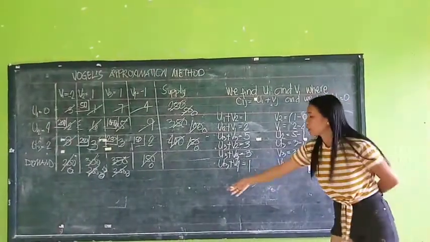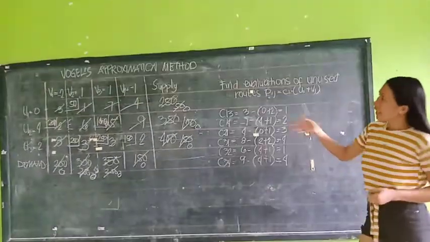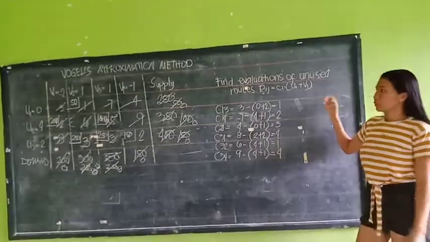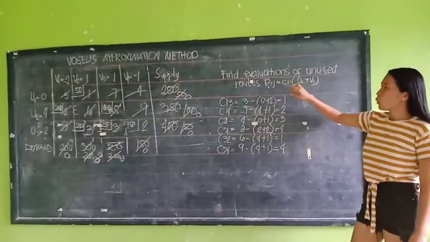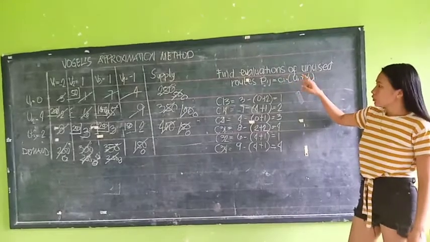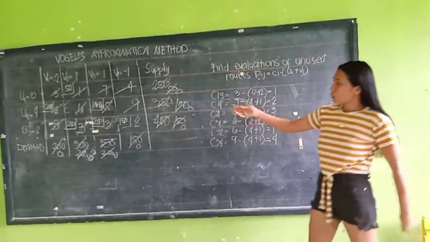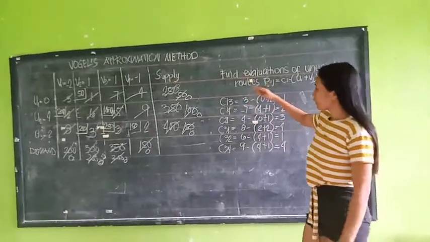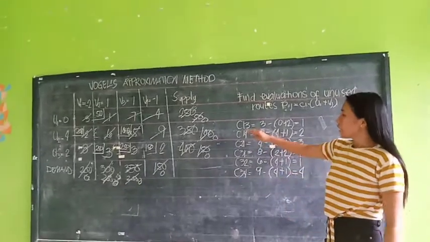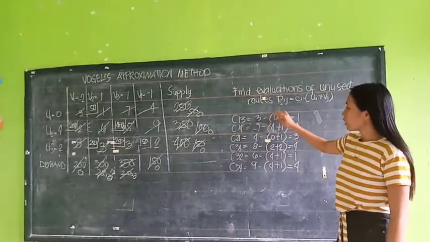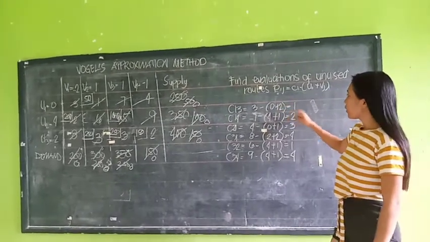So here are the values for our Cij. Find the evaluations of the unused routes, where the formula of Pij is equal to Cij minus the quantity Ui plus Vj. The unused routes are 3, 7, 4, 8, 6, and 9. So in C13, 3 minus the quantity of 2 plus 0 plus 2 equals 1.